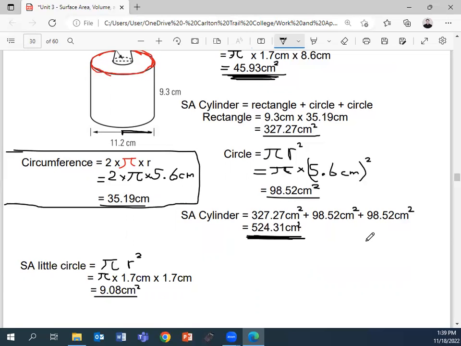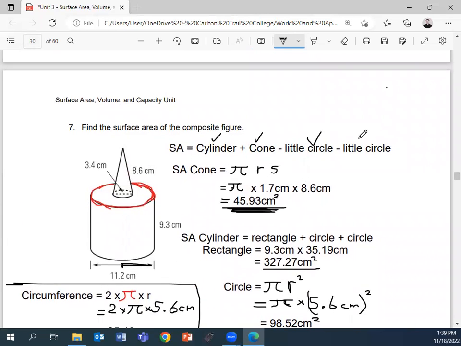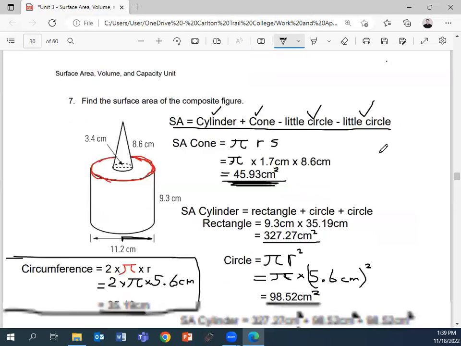Okay, just add that. So with that, we are pretty much done. I have all the components that I need for my main formula. So it's cylinder plus cone minus little circle.